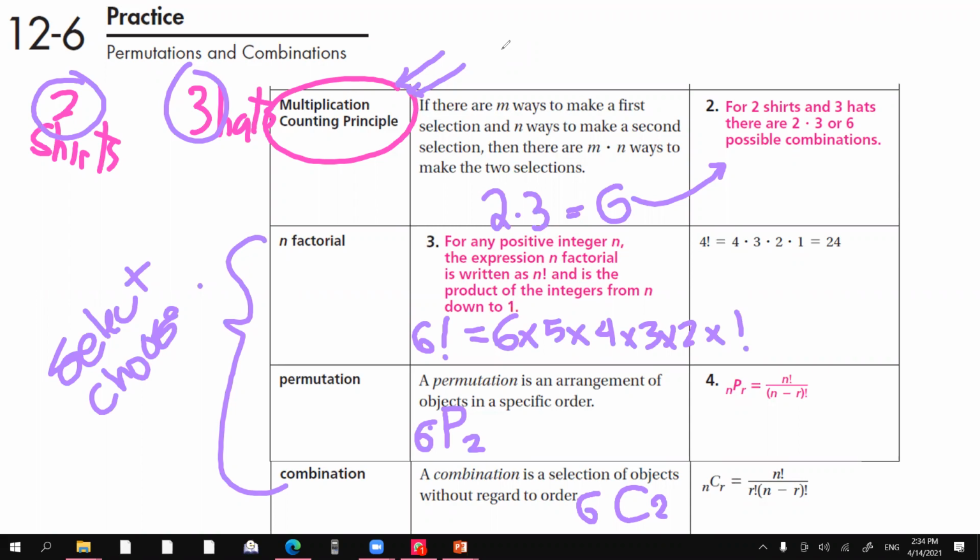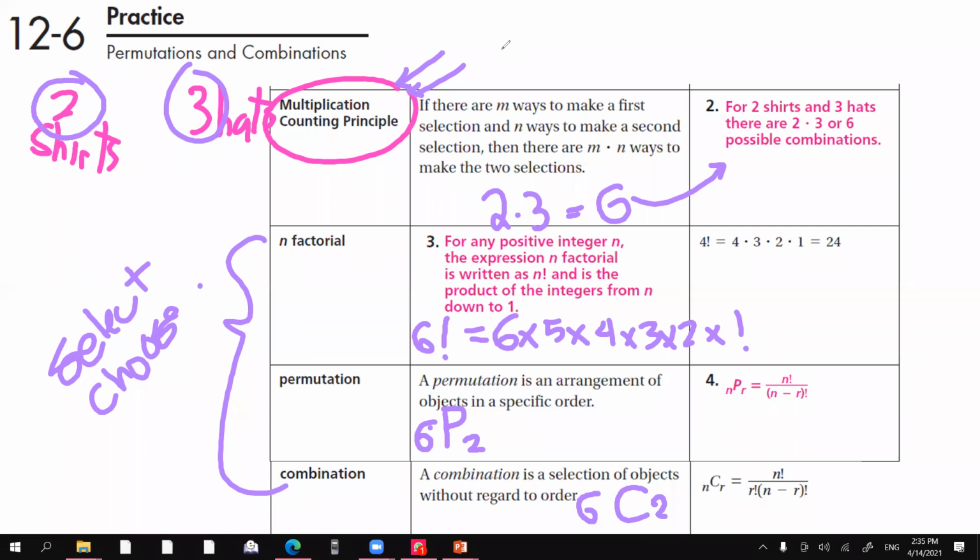So in order to choose a few things from the whole number, you can use n factorial, permutation, or combination. What's the difference between them? With n factorial, you want to read all of the books. With permutation, you need to read specific books in a specific order, like number 1 and number 3.